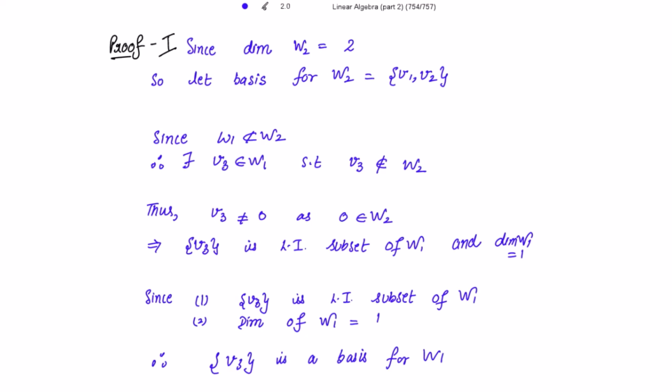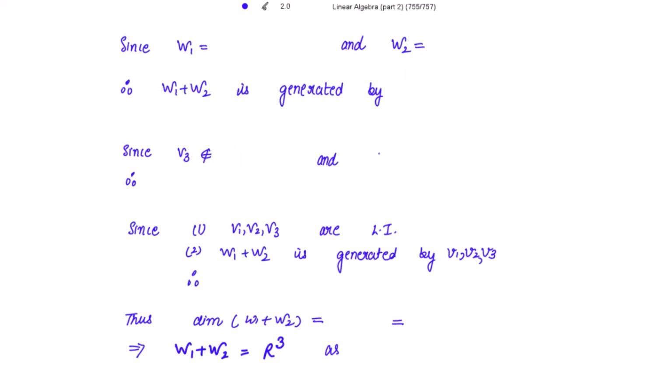Next, since W1 is generated by V3 because V3 is now the basis for W1, and W2 is generated by V1 and V2, right? So therefore the sum of the subspaces is generated by V1, V2, V3.